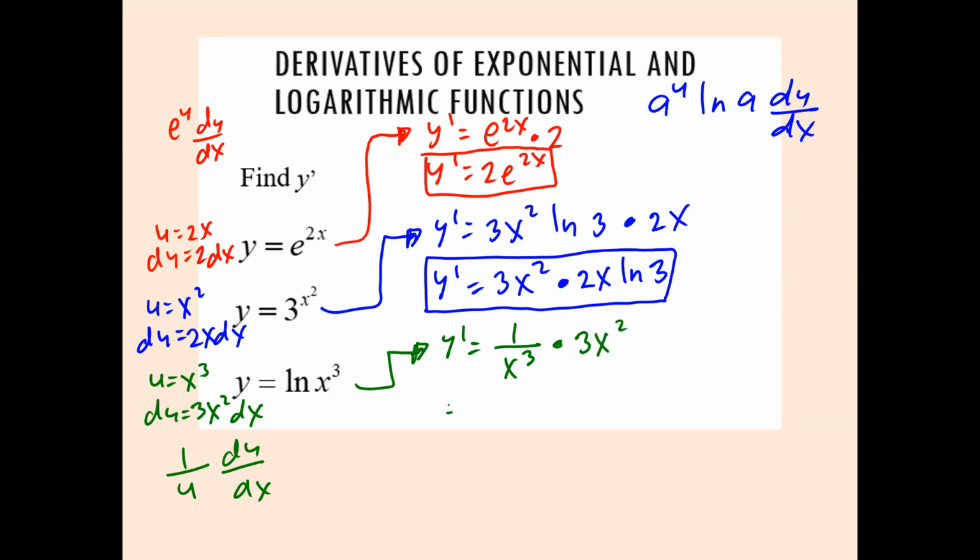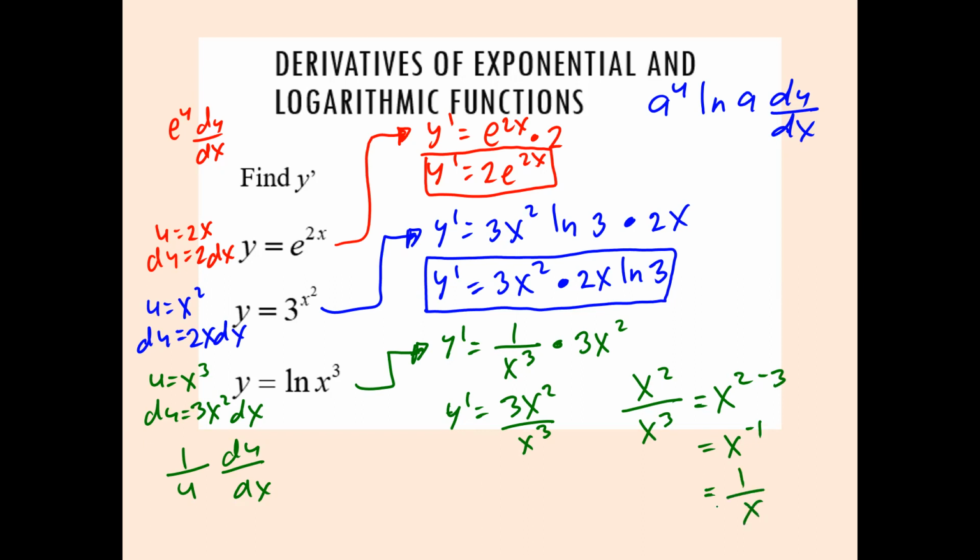So we have y prime is equal to 3x squared all over x cube. Pwede pa natin itong masimplify. So x squared all over x cube is the same as x raised to 2 minus 3. So x raised to 2 minus 3 is x raised to negative 1. And x raised to negative 1 is 1 over x. So ang tamang sagot natin dito ay 3 over x. Bakit may 3? Kasi may 3 tayo dito sa numerator.